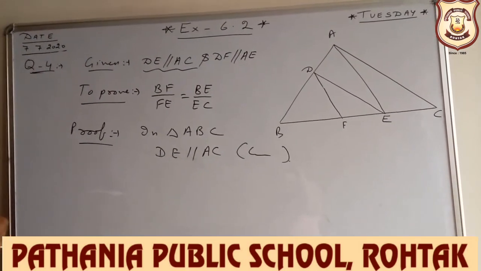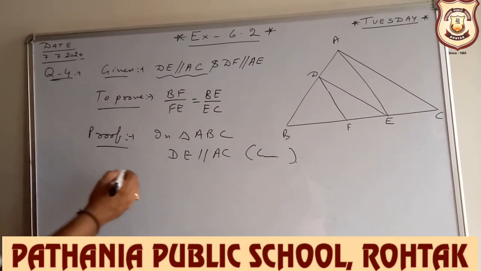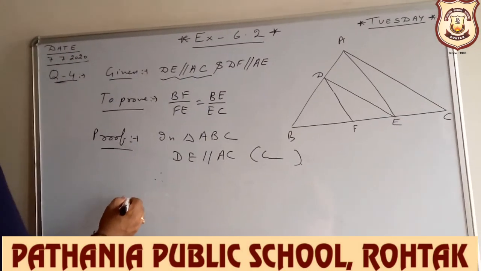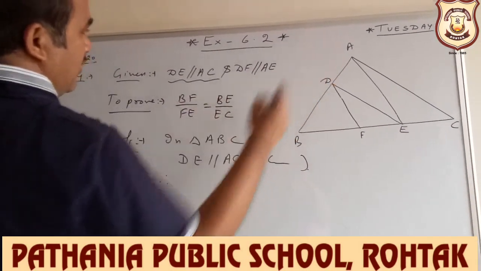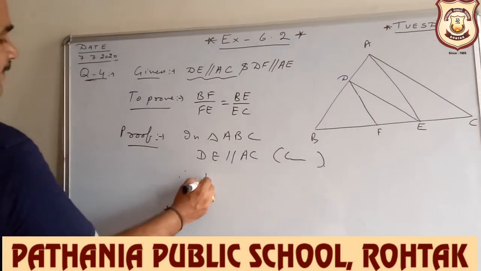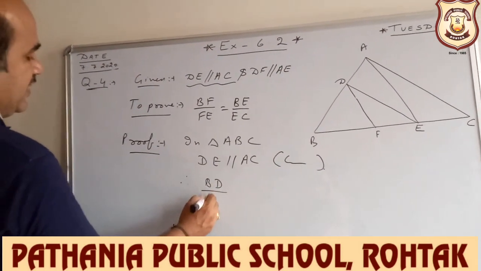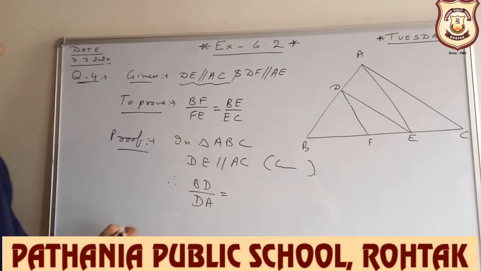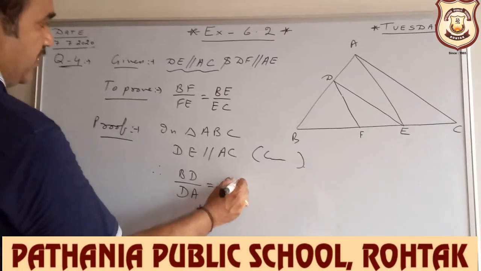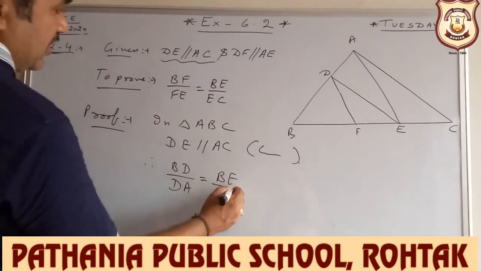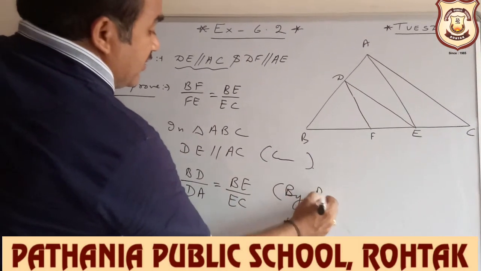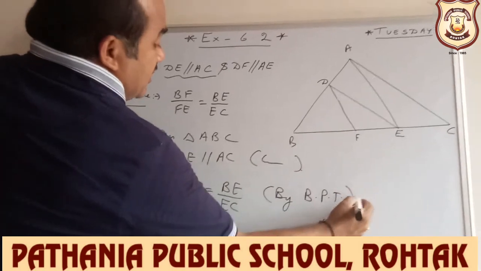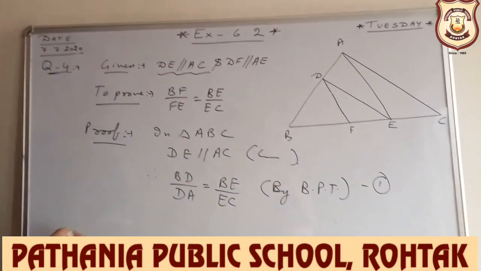Therefore, BD upon DA is equal to BE upon EC. Why? By BPT, the Basic Proportional Theorem. Mention this one as 1.